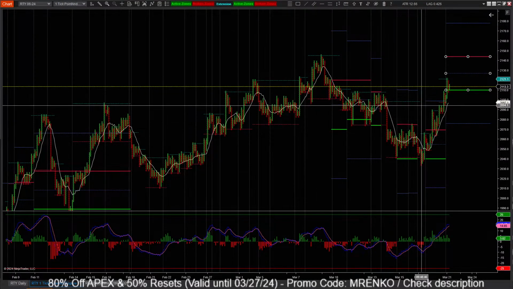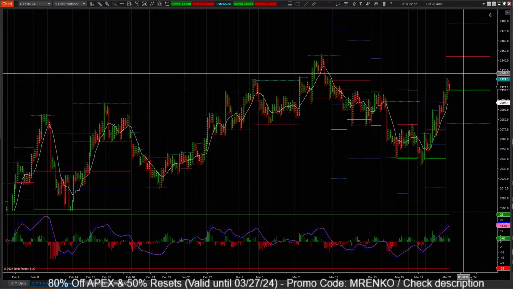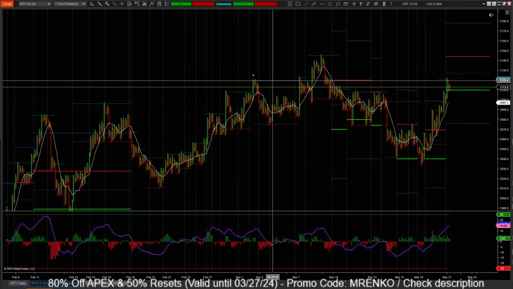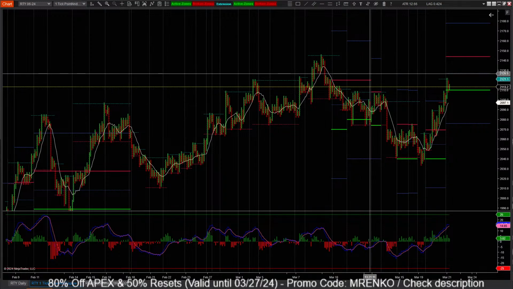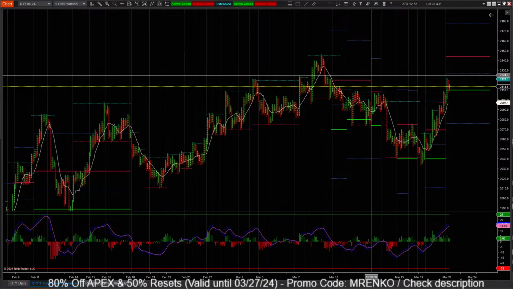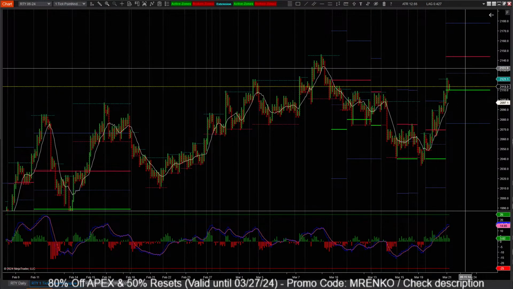Okay, so the midpoint is right above this triple top, and that line right there would also serve as an intermediate resistance, which is actually the midpoint at 2126, a little bit below our range for today.